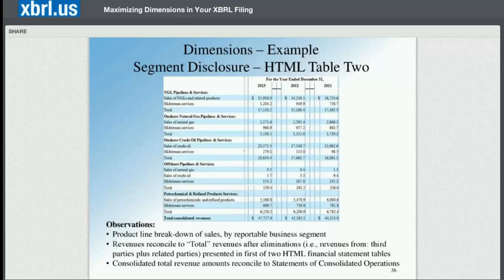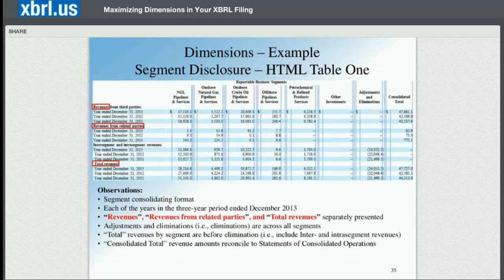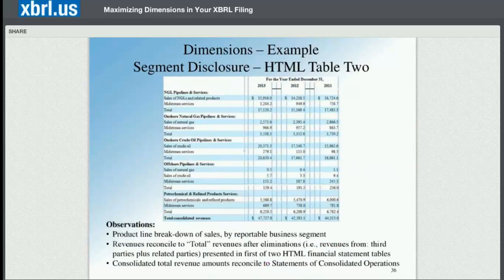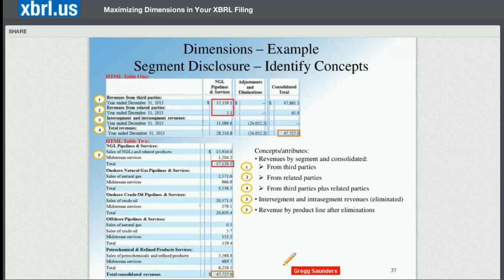However, when we build our taxonomy, we're going to build it as a single table because it's all related information and it's going to use compatible axes, and therefore it makes sense to build it as a single table as opposed to two separate tables. Okay, again, this additional second table is a product line breakdown of the previous segment breakdown.